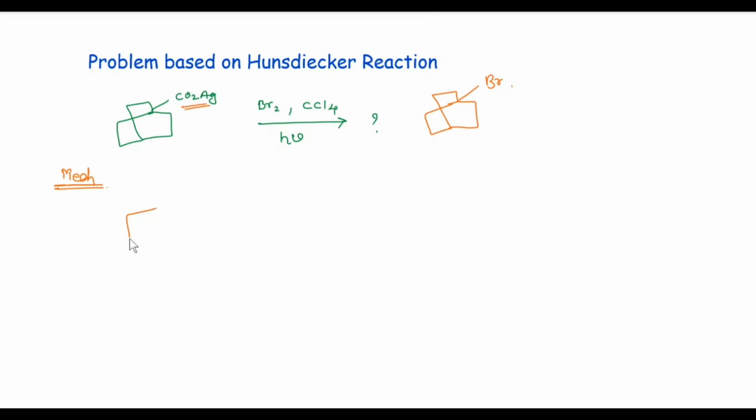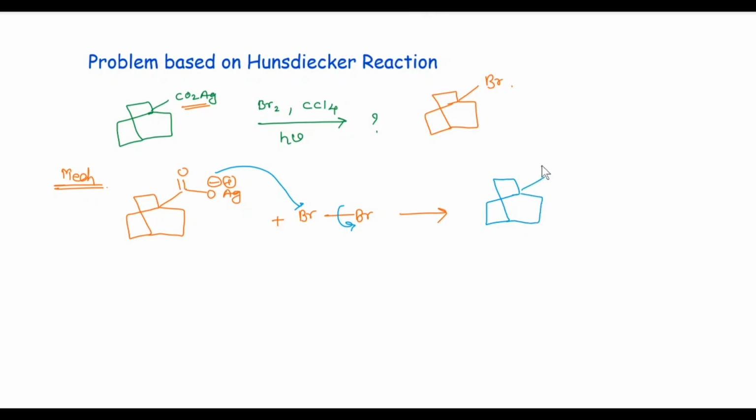So in the first step, the silver salt of the carboxylic acid reacts with this Br2 molecule and we get acyl hypobromite. In the next step, formation of radical takes place.